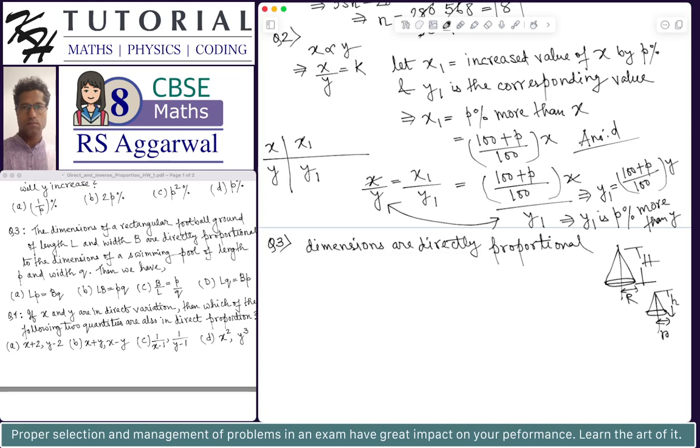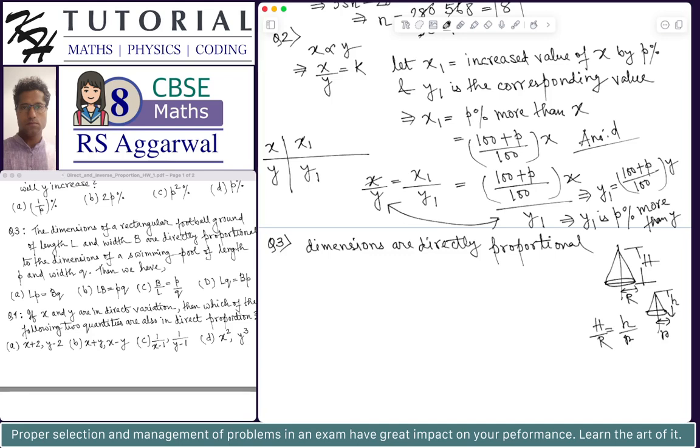Then what it means when it is given that the dimensions of these two cones are proportional? This means that capital H by capital R is equal to small h by small r. This is what it means.